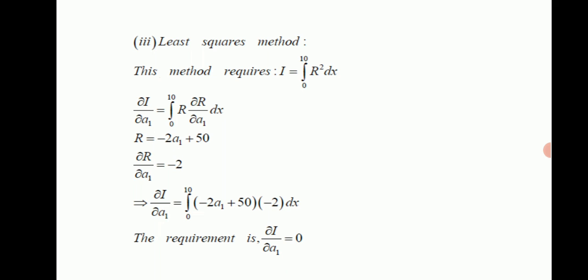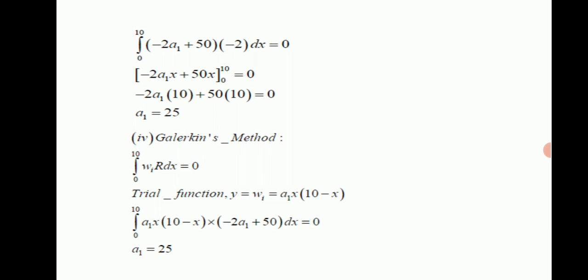Then we want to differentiate r with respect to a1, dou r by dou a1, and we get the answer as minus 2. And dou I divided by dou a1 is equal to integral of 0 to 10 of minus 2a1 plus 50 into minus 2 into dx. The requirement is that dou I divided by dou a1 equals 0.